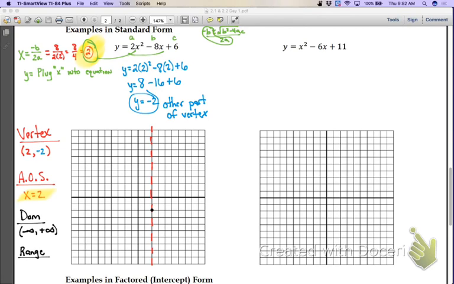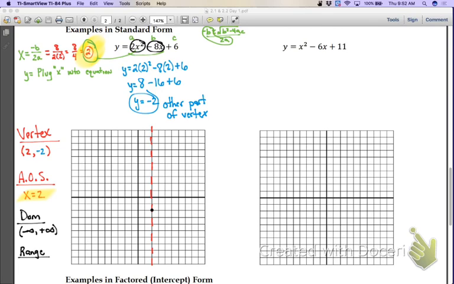Now, another easy point to find. What have we always done to find my y-intercept? What value do we plug in? 0. Now, I'm going to tell you an even easier way to do it. If it's in standard form, what's going to happen if I plug 0 in right there? 0.